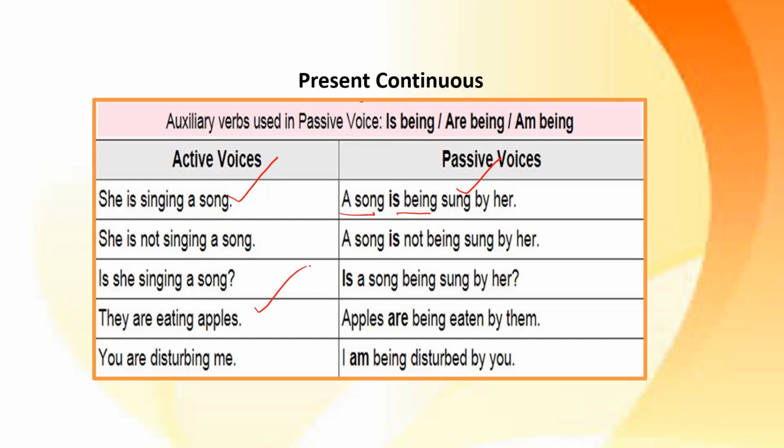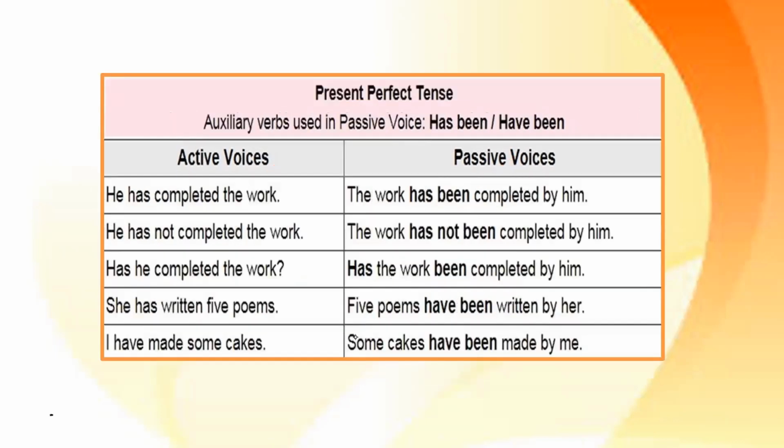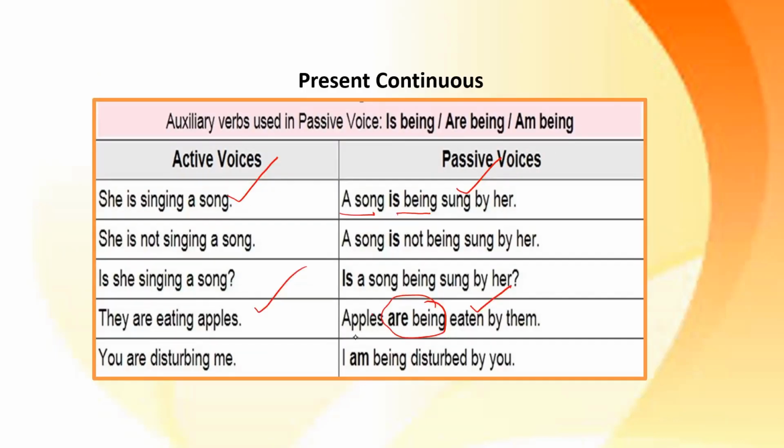And in passive voice, apples are being eaten by them. So here are being is the helping verb. Eaten is the past participle form of the verb eat. And the apples, which is the object in active voice, has become the subject in the passive voice. And they, which is the subject in active voice, has become the object in passive voice.